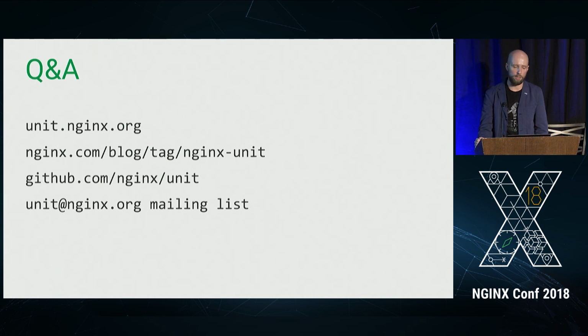Next, take a look at our GitHub repository. This is where most of the community and development chatter is happening right now, with the different issues created, with the patches and pull requests, and with all of the development activity. And also, if you prefer some more old-school services, we have a mailing list, very similar to the NGINX mailing list, right there at unit@nginx.org.